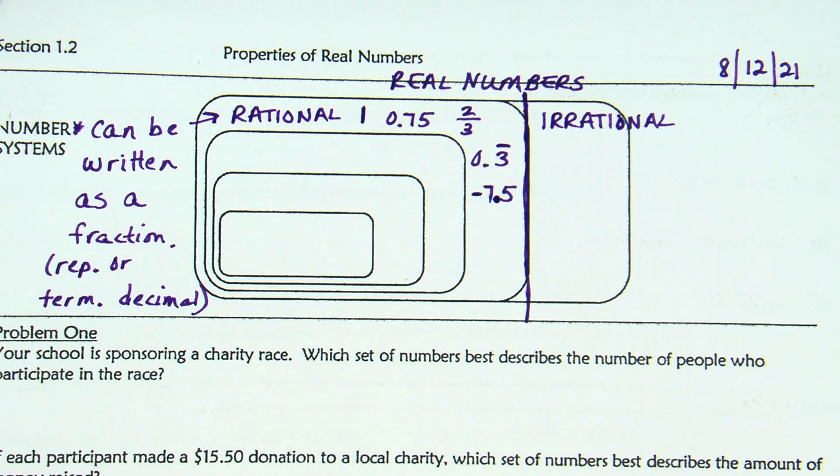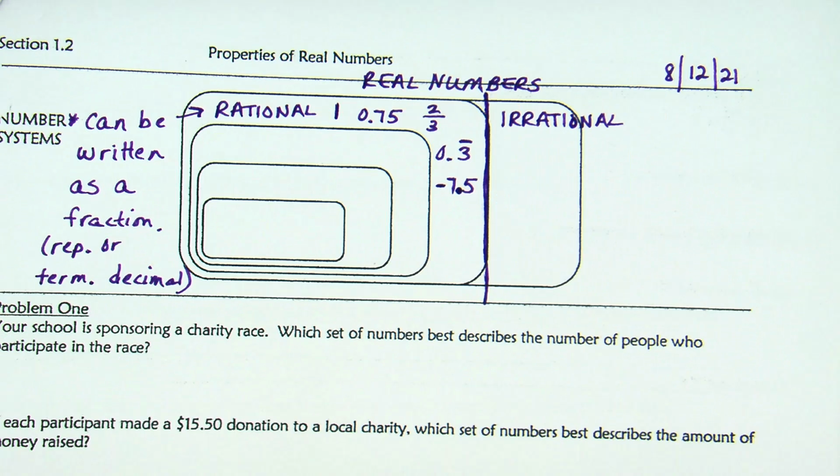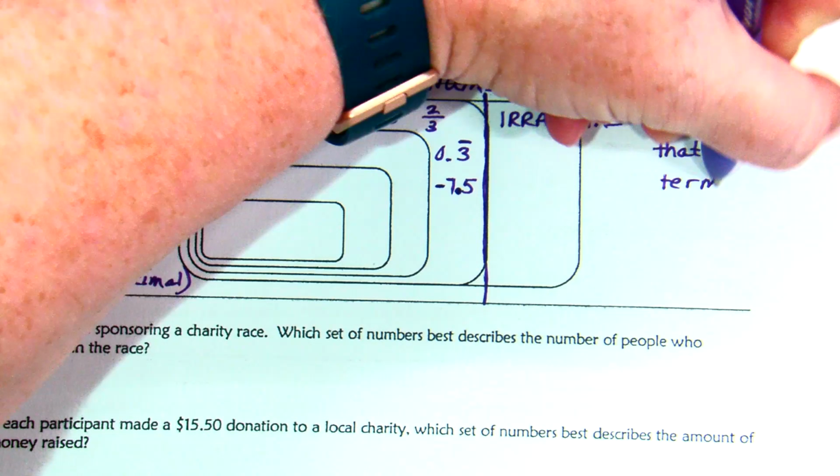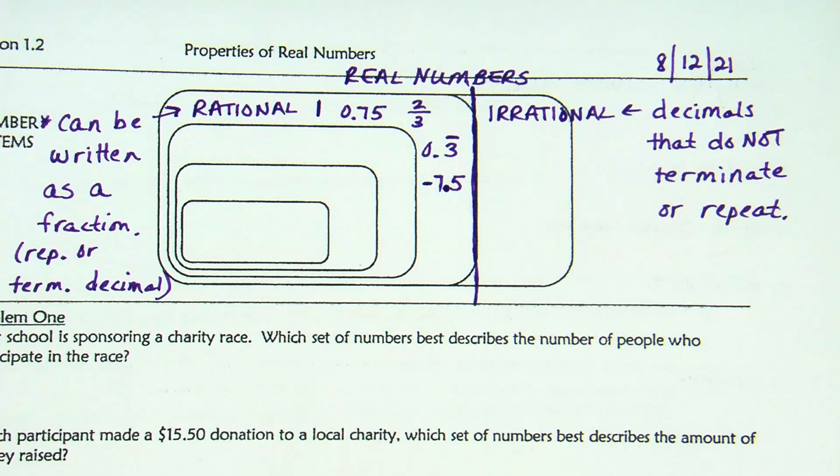So we say decimals that do not end or repeat. I'm going to put that over here. Decimals that do not terminate or repeat. So irrational, decimals that do not terminate or repeat.